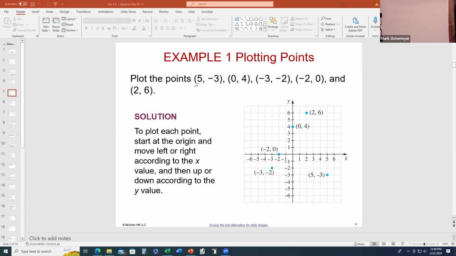Sometimes you may not have nice coordinates for your ordered pair. You might have maybe fractions or decimals. So if you had the point 1.5, -0.7, how would you plot this ordered pair? Well, you just have to be a little bit more careful and just do the best you can.